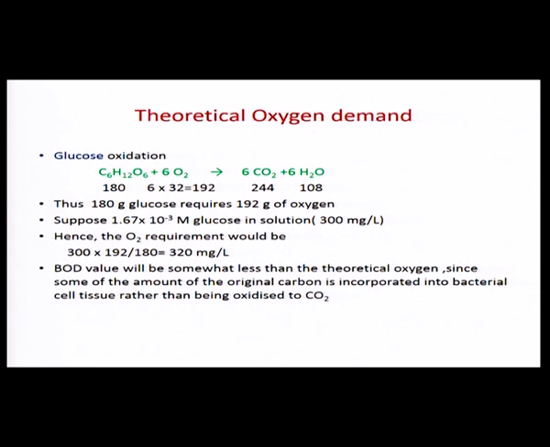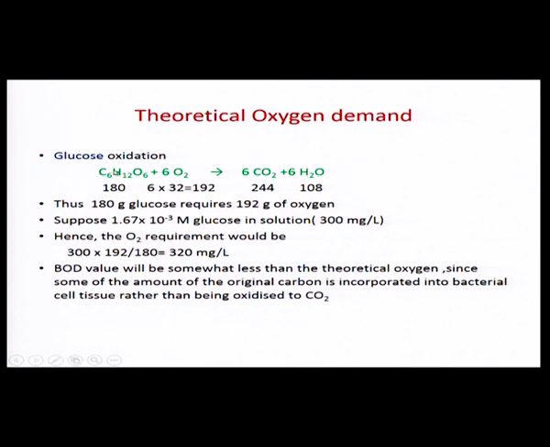We will take a model example of glucose and calculate the theoretical oxygen demand, which is relevant to BOD and COD in wastewater. We know the molecular formula of glucose is C6H12O6 and the molecular weight is 180. Suppose glucose is oxidized either chemically or biologically, oxygen should be present, and it is converted into 6 moles of carbon dioxide and 6 moles of water.